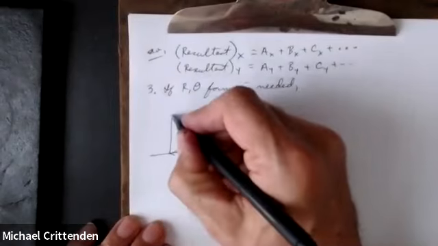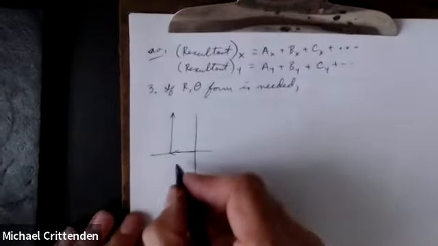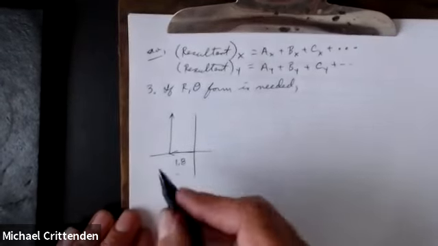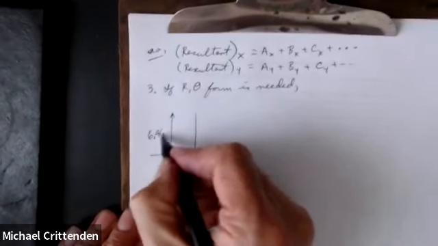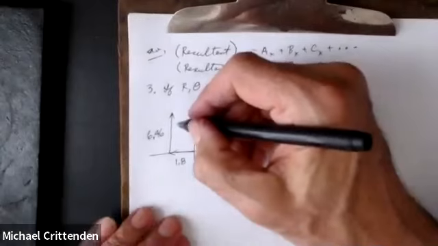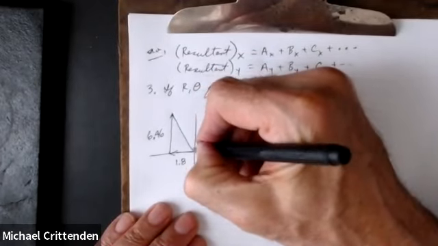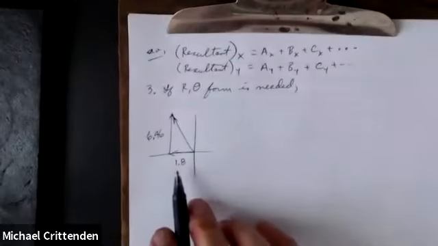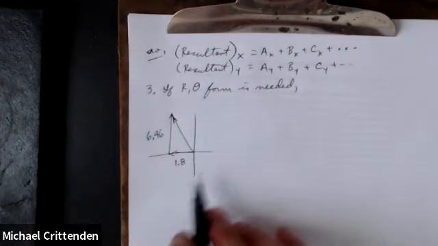So it points up. And x was 1.8 to the left, and y was 6.46. And the vector that we're trying to determine is the resultant of its x and y components. So you do the usual head to tail thing.